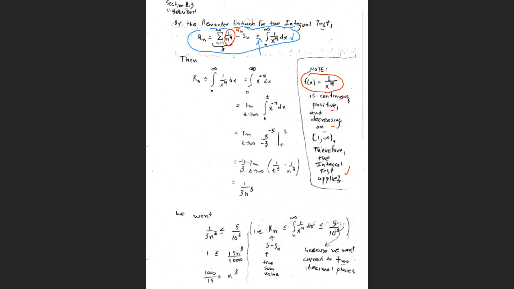So I can get an upper bound on my remainder, which is the error in approximating the infinite series using a partial sum with the first n terms of the series.